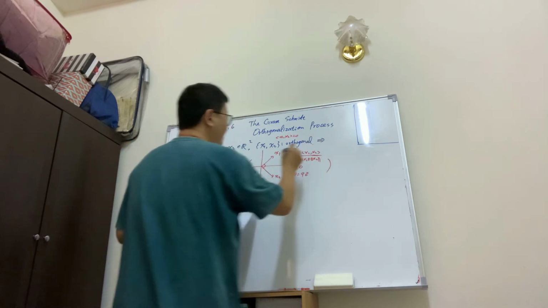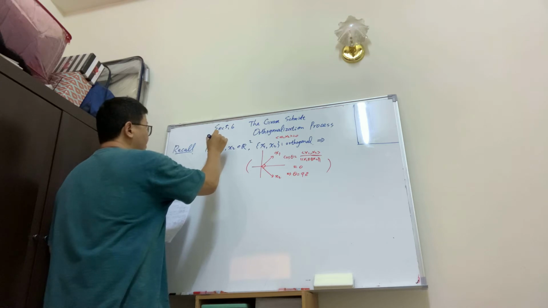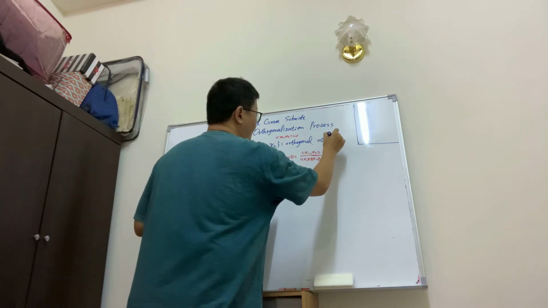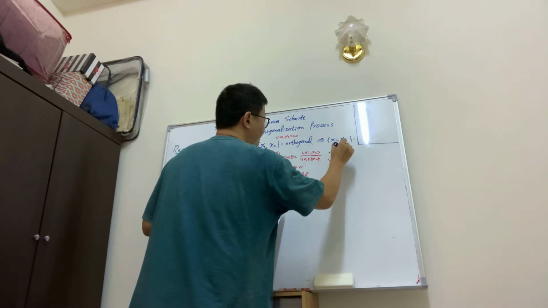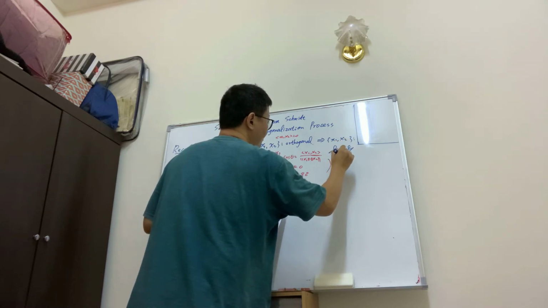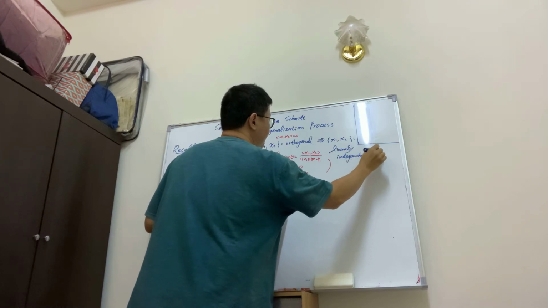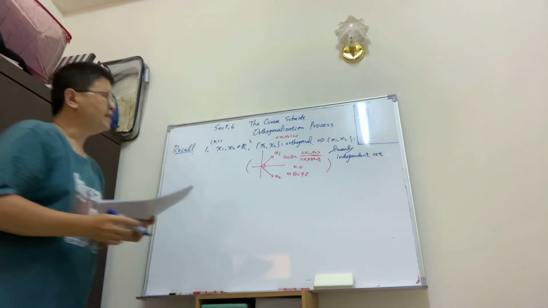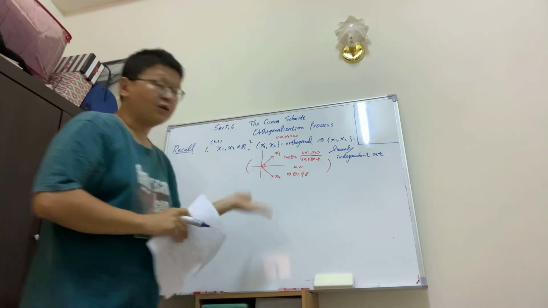And we know that if two vectors are orthogonal, as we said in section 5.1, they must be a linearly independent set in R2 space. Linearly independent is an important concept.